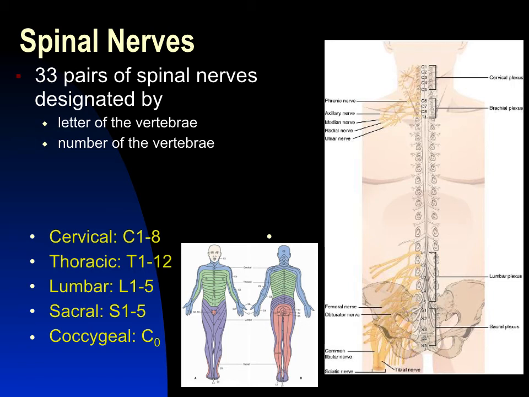And so that sensory input from those regions of the skin goes back to the brain by way of a particular spinal nerve. And so the areas in blue are cervical spinal nerves. The areas in green are thoracic spinal nerves. Then you have lumbar spinal nerves, and then sacral spinal nerves in purple and pink, respectively.